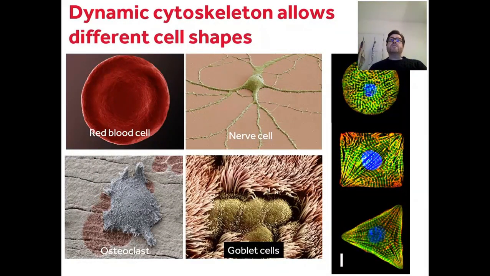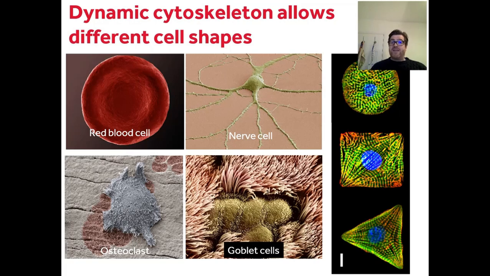Now, as well as allowing cell movement, this dynamic ability of the cytoskeleton to change shape allows cells to have different shapes. And you'll see that different cells that have different functions can have rather different cell shapes.